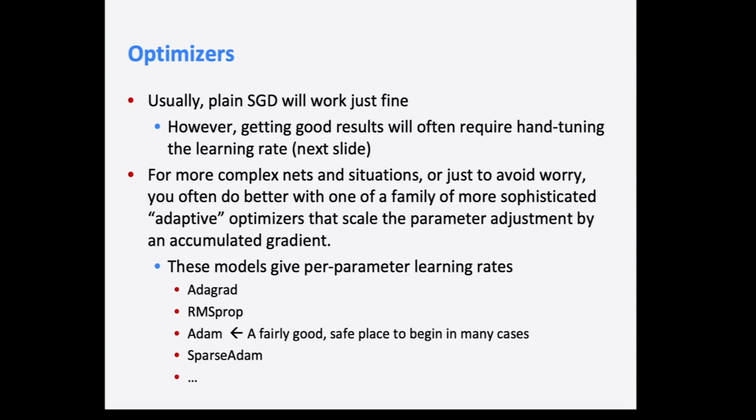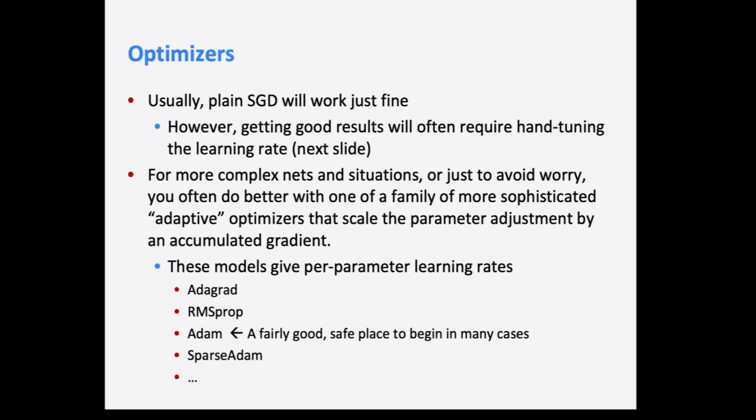Optimizers. Up till now, we just talked about plain SGD. Normally plain SGD actually works just fine, but if you want to use plain SGD, you have to spend time tuning the learning rate, that alpha that we multiplied the gradient by.